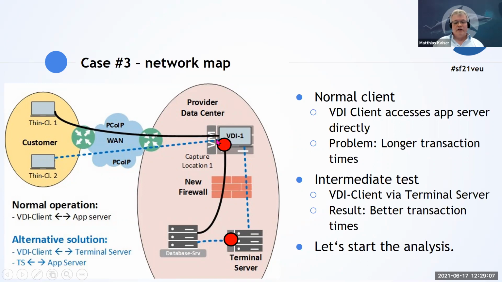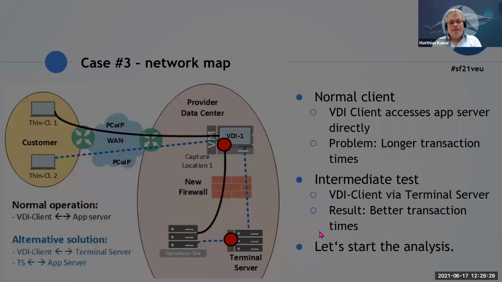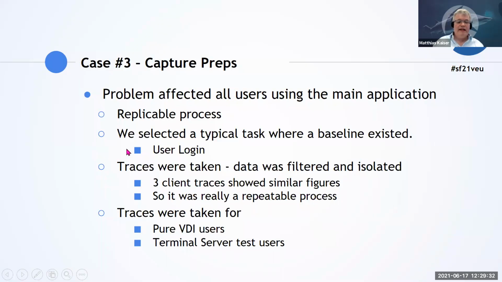Don't try to do that on the Wireshark GUI running in a VDI environment, especially when the VDI environment already has poor performance, and that could be suspected. Now, this is the setup here. Well, I'll come back to that later. Now, we needed to have one single process just to identify the source of the problems. Like, where do we start looking?